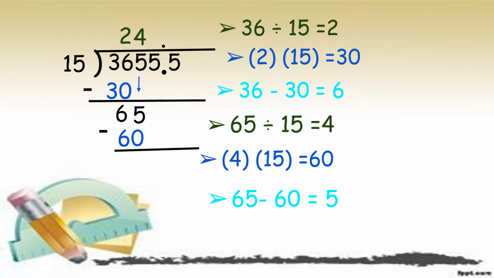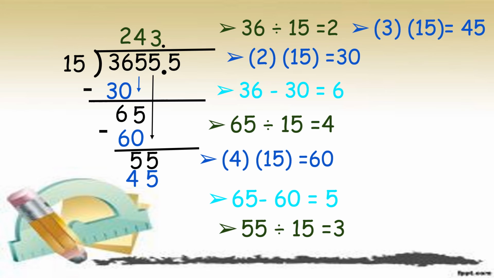Then subtraction. 65 minus 60 will have 5. Bring down the next number, 5. 55 divided by 15 is 3. 3 times 15 will have 45. Subtraction, 55 minus 45 will have 10.